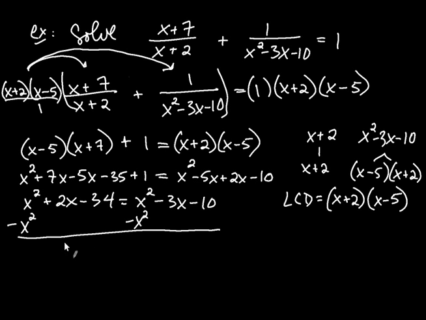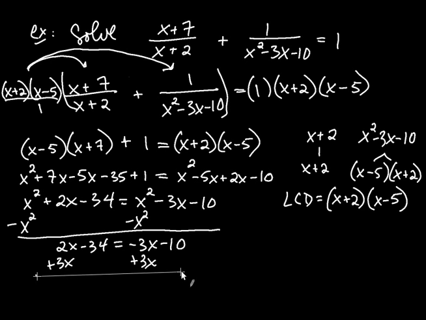Well, on the left-hand side, 2x minus 34. And on the right-hand side, I've got just negative 3x minus 10. And now I'm going to add 3x to both sides. And so now I'm looking at 5x minus 34 equals negative 10.